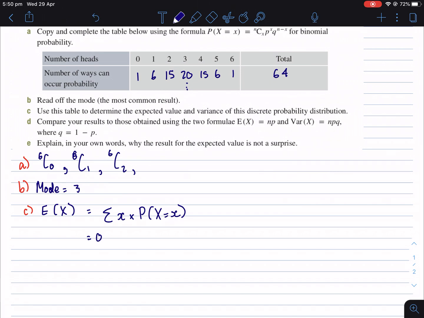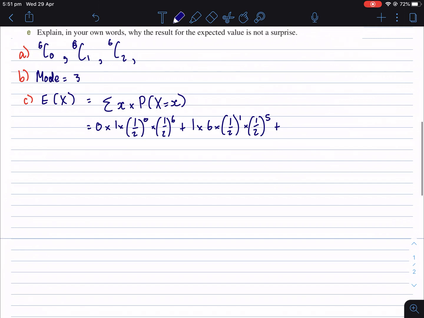So we've got 0 heads times the probability of 0 heads, which was 1 times 1/2 to the 0 times 1/2 to the 6, plus 1 head times the probability of getting 1 head, so 6 times 1/2 to the 1 times 1/2 to the 5, plus, now I'm just going to make my life easier.